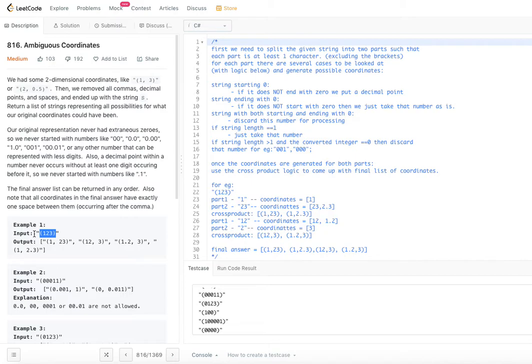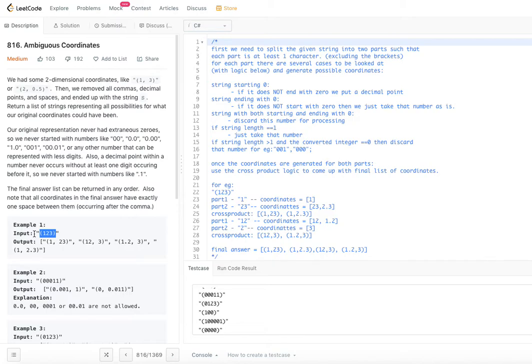But within 1, 23 and 12, 3, there is another possibility. It could be 1, 23 or 1, 2.3. Because as per the definition of the problem, they have replaced even the decimal points. So one option is 1, 23 or 1, 2.3. So those two options are done.